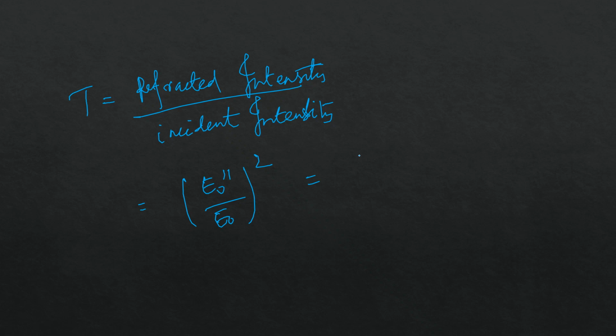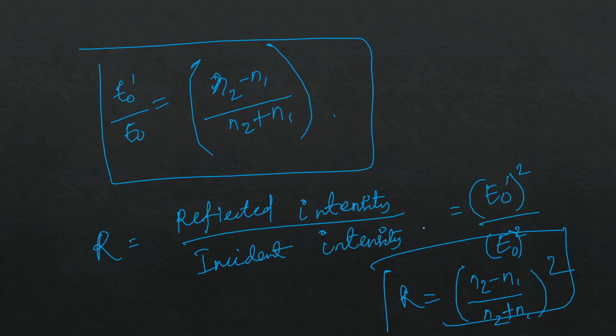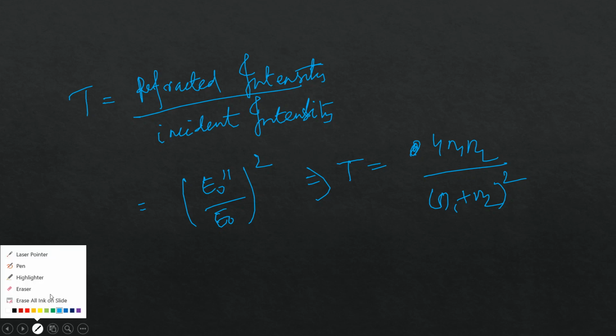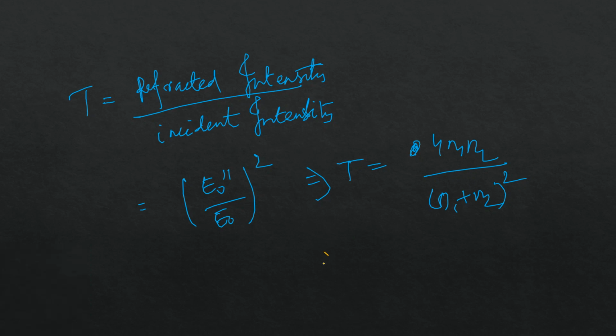If we write, T will be 4 n1 n2 by (n1 plus n2) whole square. This is T. And R is (n2 minus n1) by (n1 plus n2) whole square.